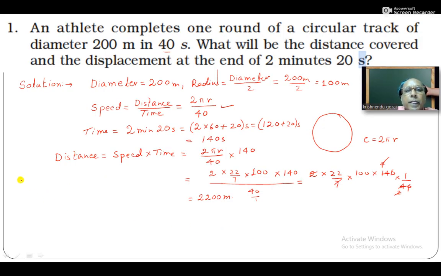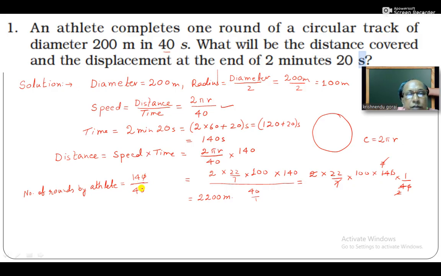Therefore, number of rounds by athlete is equal to, in one round it takes 40 seconds, therefore, in 140 seconds number of rounds will be 140 by 40, right?